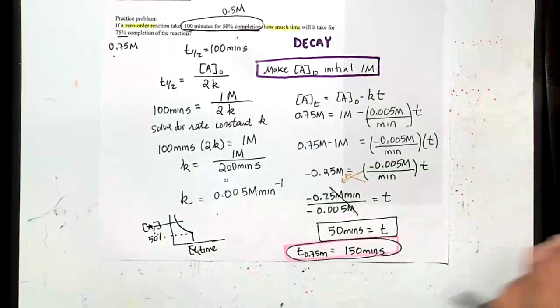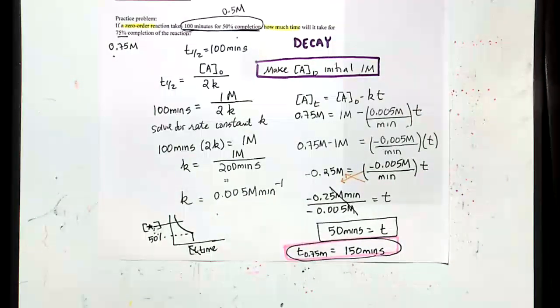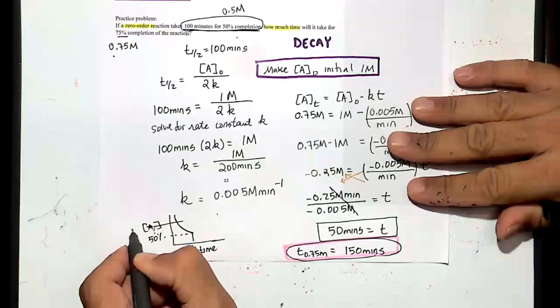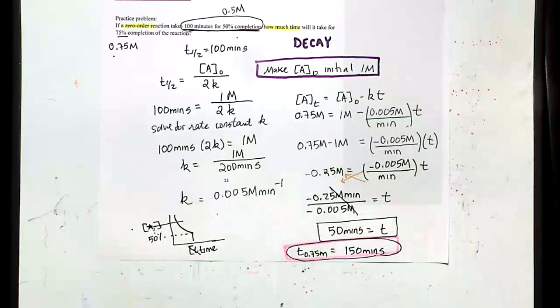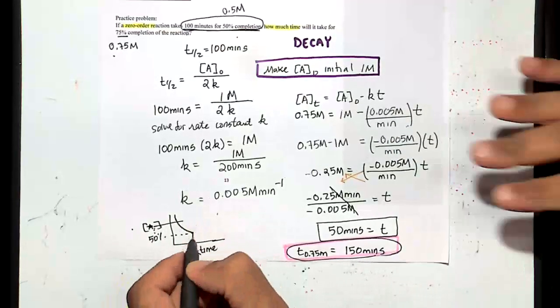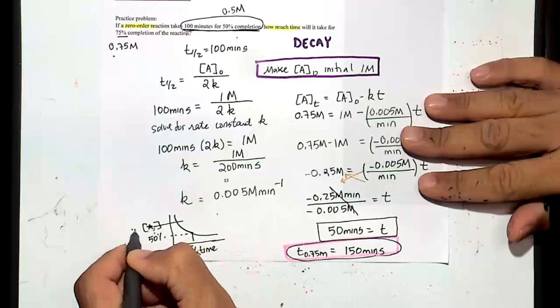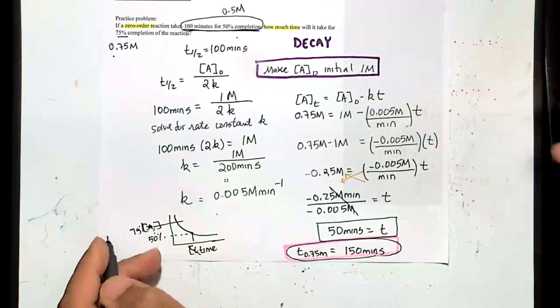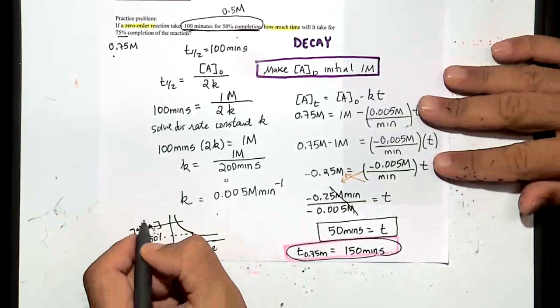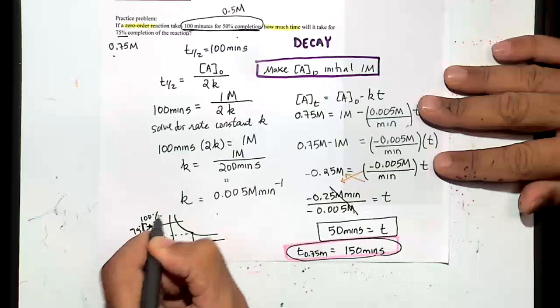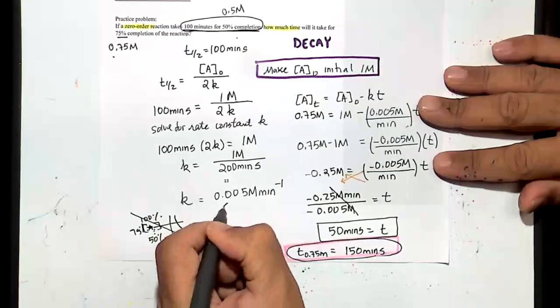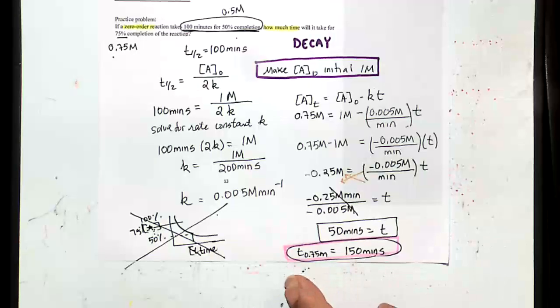Yeah, it's 150 minutes. Anyways, don't worry about this. 50% takes 100 minutes. To go to 75% completion, it's going to take 150 minutes.